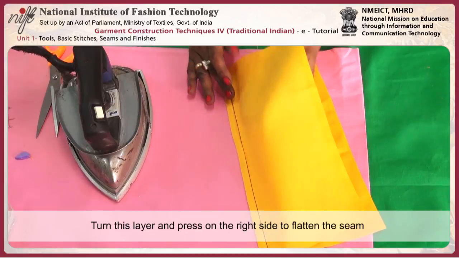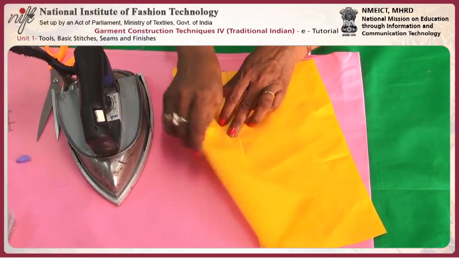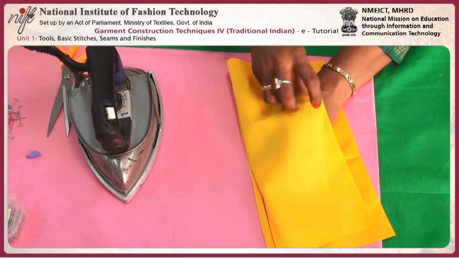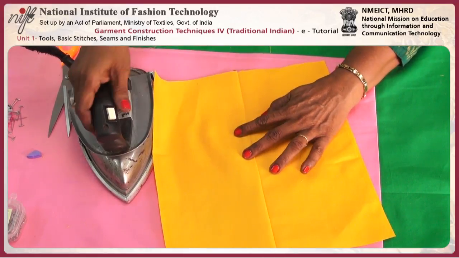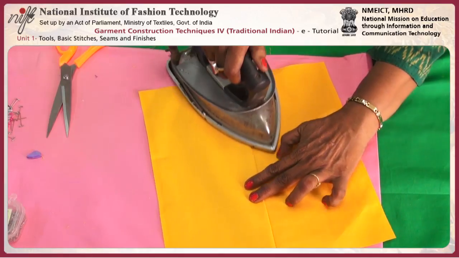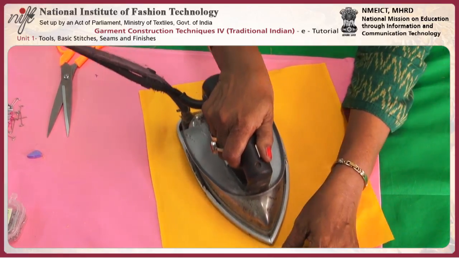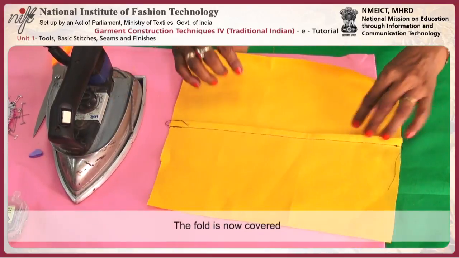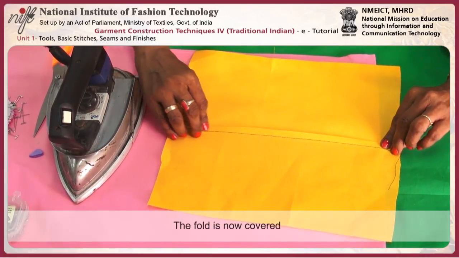And turn this layer and press at the right side also, to flatten the seam. Now you can see the fold has been covered.